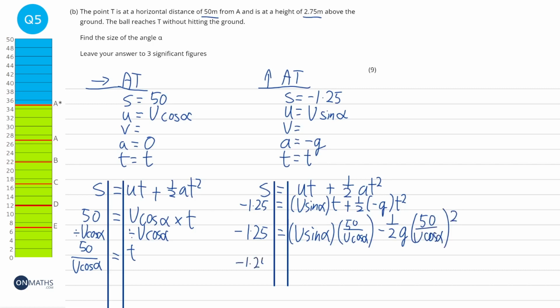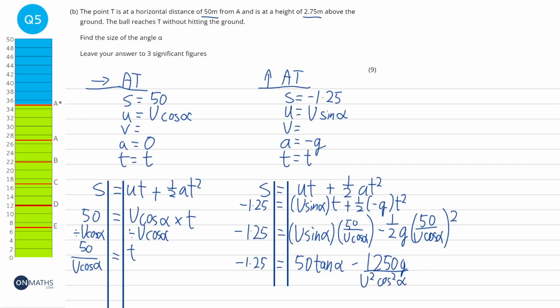So minus 1.25 is going to be 50 tan alpha, because we've got the sine divided by the cos, and the u's will cancel, and it would be minus 1250 g over u squared cos squared alpha.